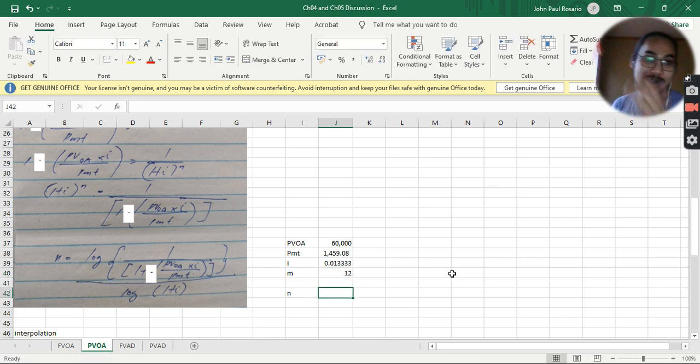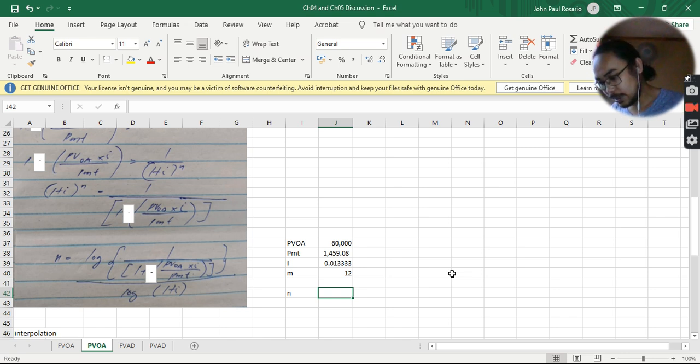Using our logarithm on the calculator, let's solve now. Our base is 1 plus I or 0.16 over 12. And our entire expression is a fraction of 1 over 1 minus another fraction. Our PVOA is 60,000. We multiply that by our I of 0.16 over 12, and we divide by our payment of 1459.08.